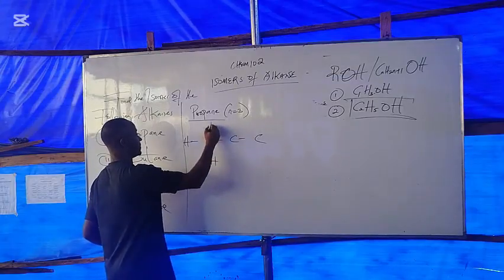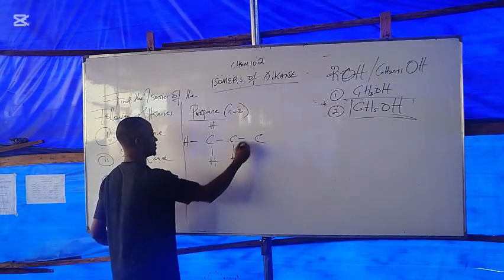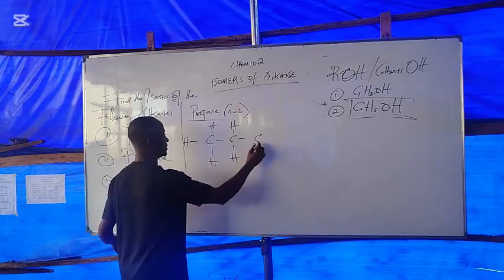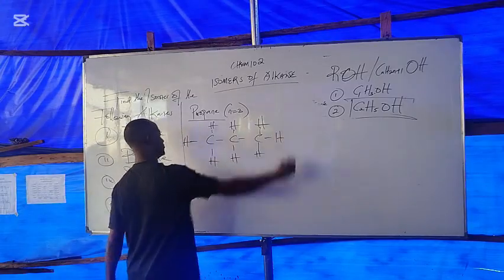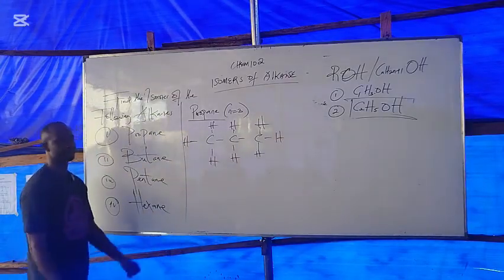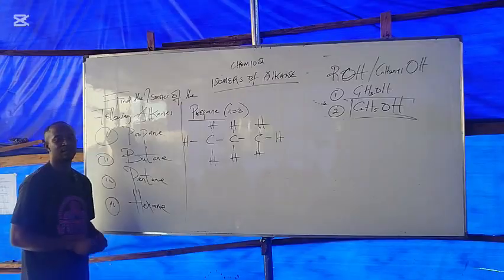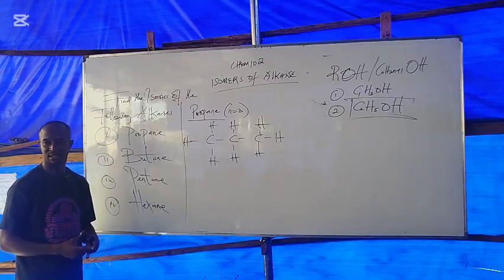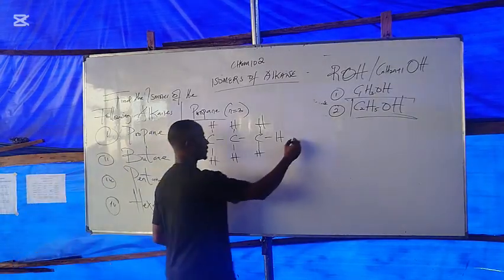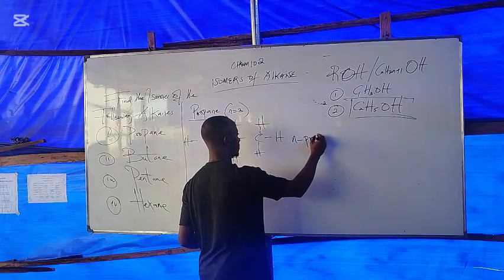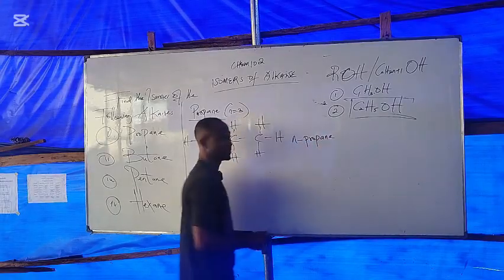Are you following? So this is propane. The isomer of propane is called n-propane. We call this n-propane. That is the only isomer.